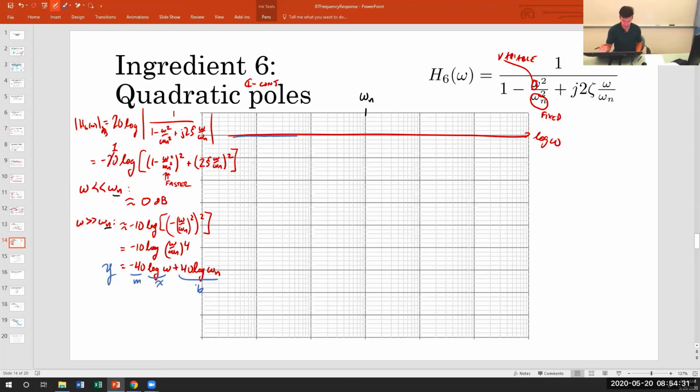This thing intercepts the x-axis. So if this is the 0 dB line, the 0 dB axis, then I get the point with slope negative 40, so 10, 20, 30, 40, through this point. And this asymptote is valid at high frequencies. And we've got a big question mark under there.